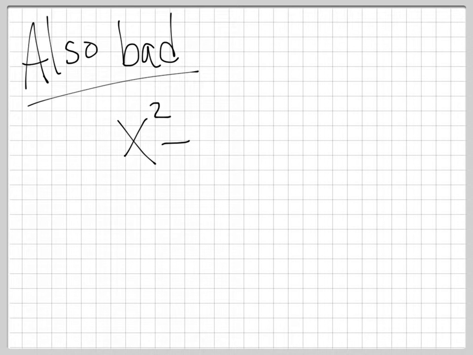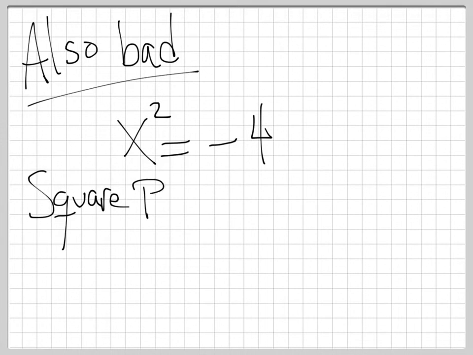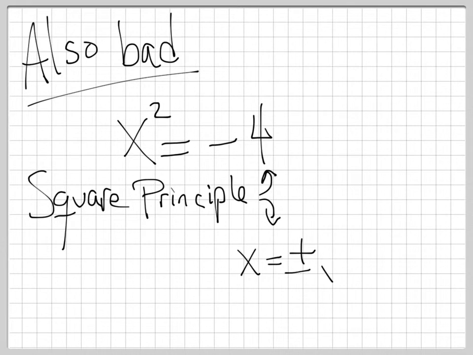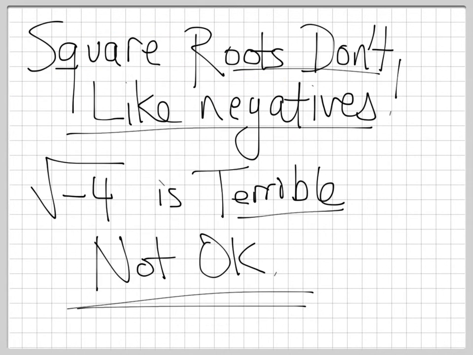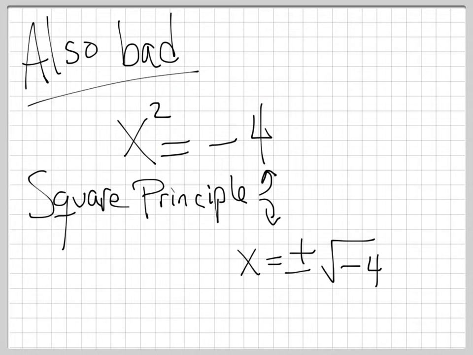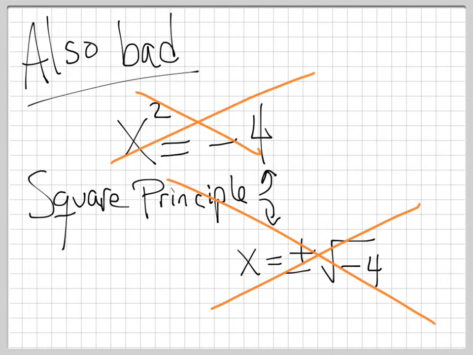Also bad, the square principle doesn't apply to things like that. Remember, the square principle says that this means that x should equal plus or minus radical negative 4. And we just said that that's terrible, not okay. Since this is not okay, this is not okay.